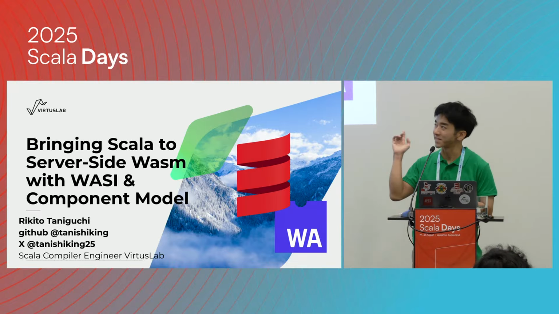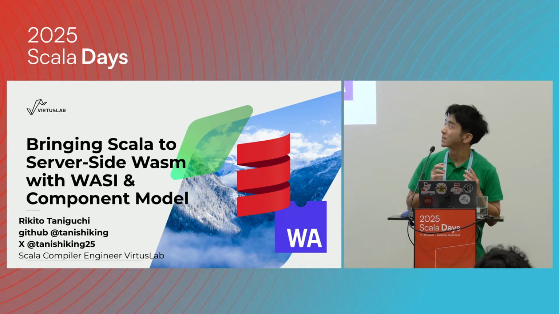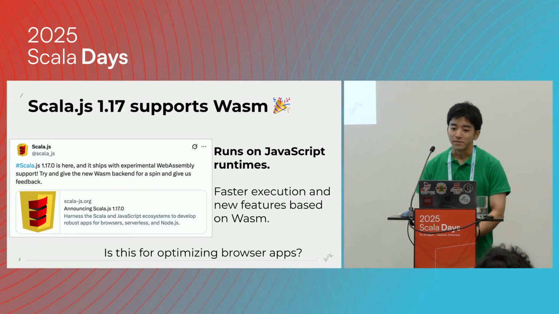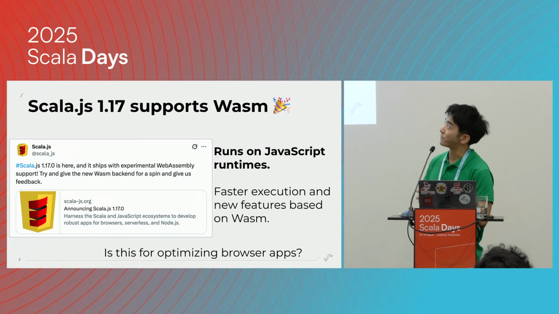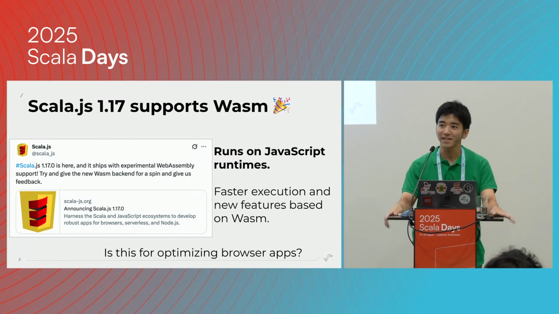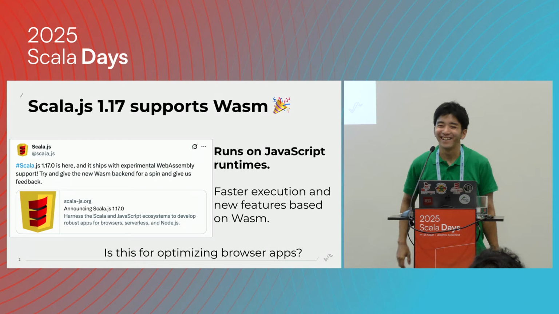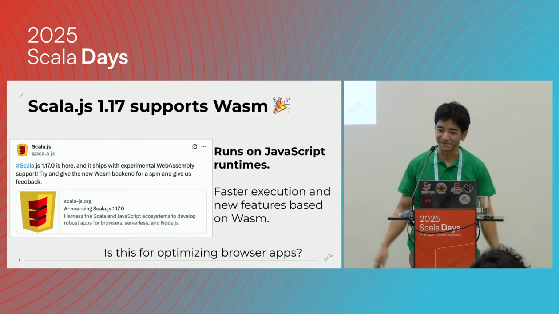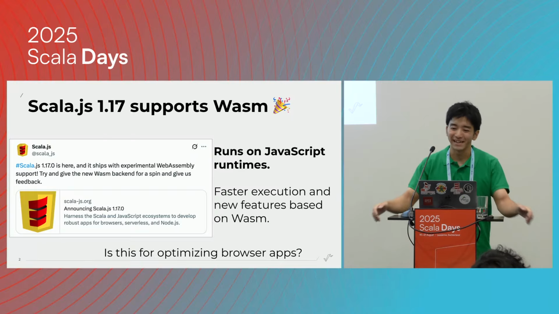So as the title says, bringing Scala server-side Wasm with WASI and component model. I'm going to talk about the WebAssembly support in Scala, but it's more specifically on server-side Wasm usage. As of version 1.17, Scala.js started supporting an experimental WebAssembly backend. Did you know that? Okay, because Sebastian talked about it. So maybe you know at least some of what WebAssembly is.